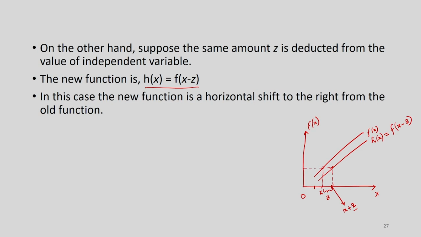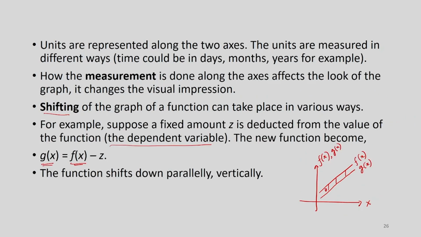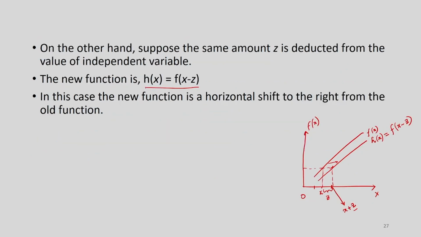So, here also the function is shifting, but it is shifting parallelly, horizontally, and the amount of shift, horizontal shift, is given by z. Contrast this with the previous one, where it was shifting downwards, but the vertical shift was z. Here the horizontal shift is z. So, in either case the shift is taking place, but the nature of shift is different.